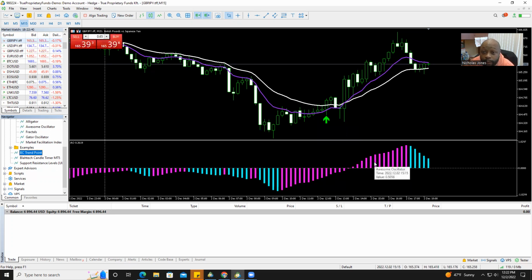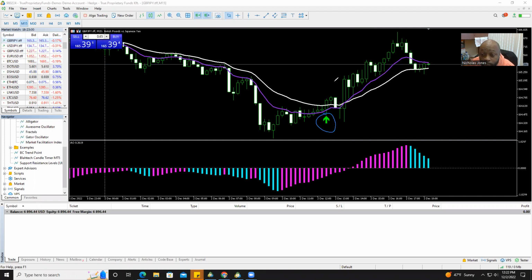And as you can see, with the BC trend point, we got an arrow here letting us know that the market was about to change direction.